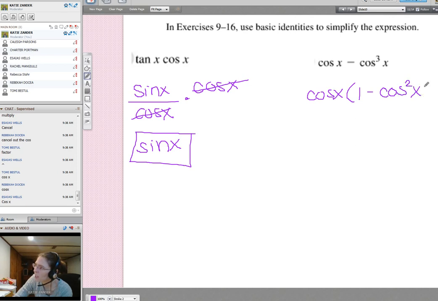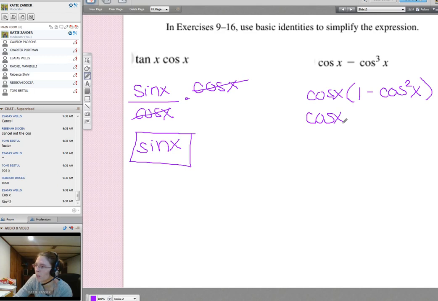Ooh, I see a cosine squared and a 1 that's paired together. That makes me think of the Pythagorean identity. Can we replace what's inside the parentheses with anything? Possibly a sine squared or negative sine squared of some sort. A sine squared?